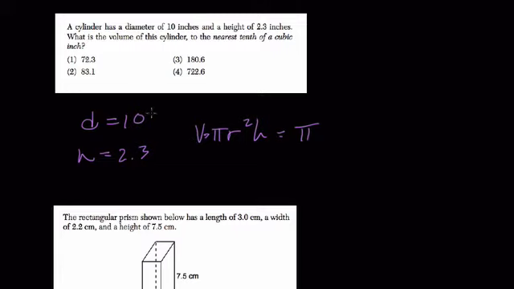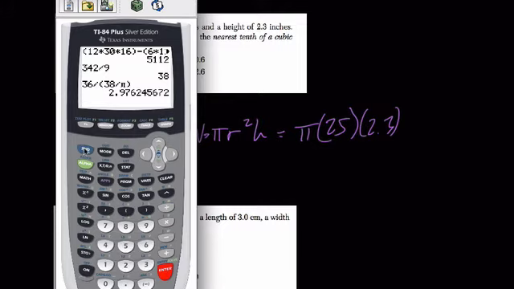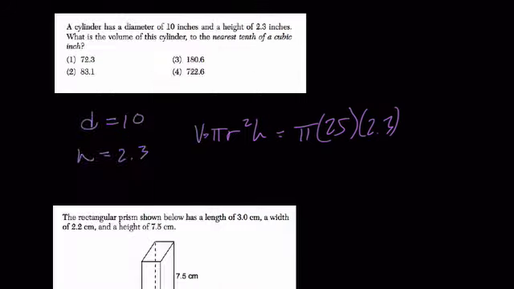Pi r squared, well, r is half the diameter, or 5, and 5 squared is 25, times the height, 2.3. Okay, so on the calculator, we enter the pi button, second pi over here, times 25 times 2.3. And we get 180.64157.